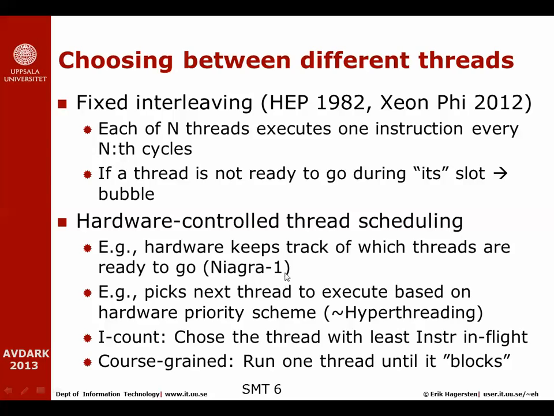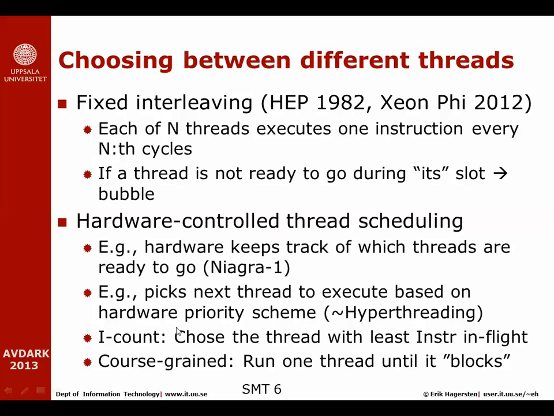I think Niagara 1 is 4 threads. Then you only look at the threads that are not waiting for cache misses. So you potentially could schedule the same thread to run every cycle if you only had 1 active thread. But if there was a thread that was stalled because of a cache miss, then that thread was not interested in being scheduled at all.